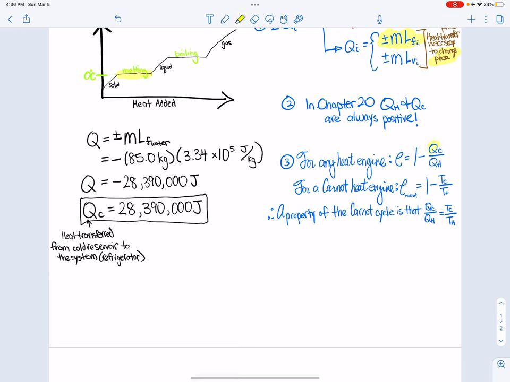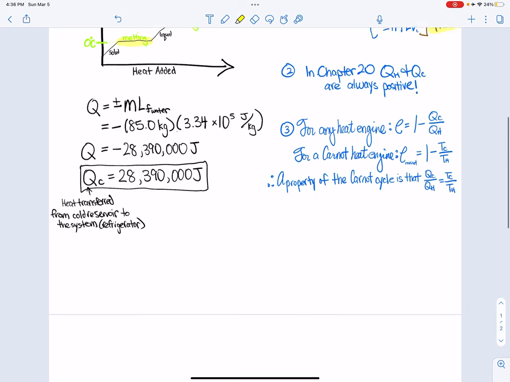And we can see that here. In a Carnot cycle, the efficiency only depends on the ratio of the absolute temperatures.